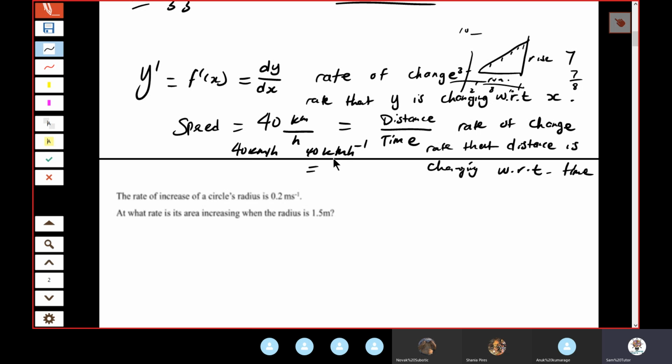These are actually derivatives. You just never saw them like that, right? These are distance over time, but they're actually rates of change, which means they're derivatives. So speed is actually the derivative of x on derivative of time. The change in your displacement, the distance, over the change in your time.